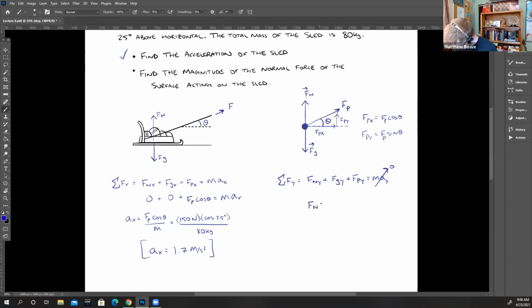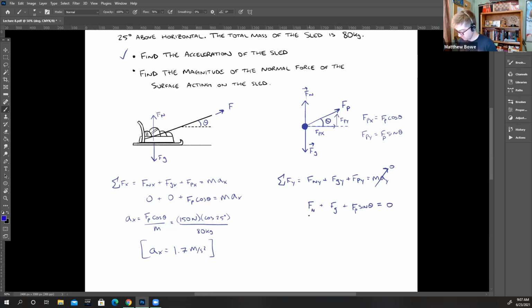So that's just F sub n plus force due to gravity plus F sub p in the y direction. That is just F sub p times sine theta. Okay, all of this equals 0.